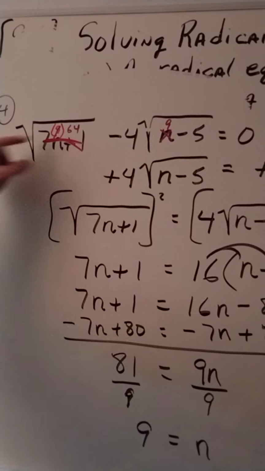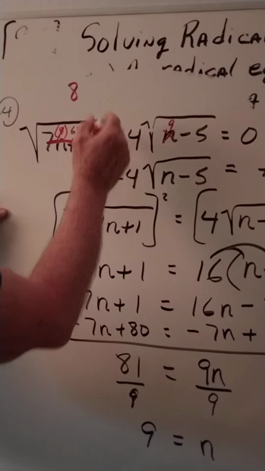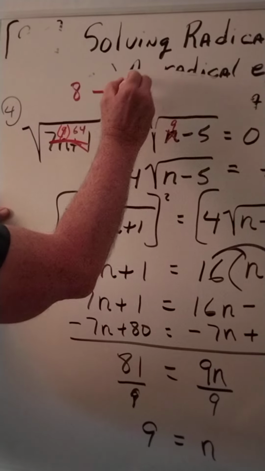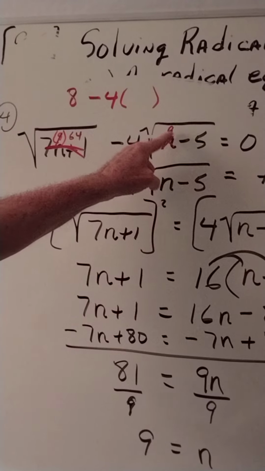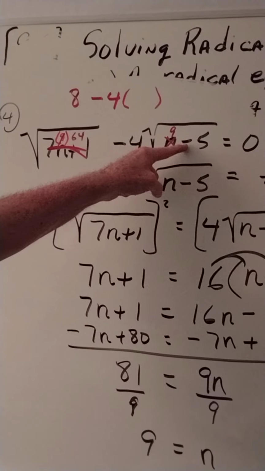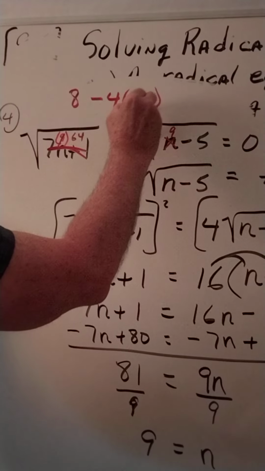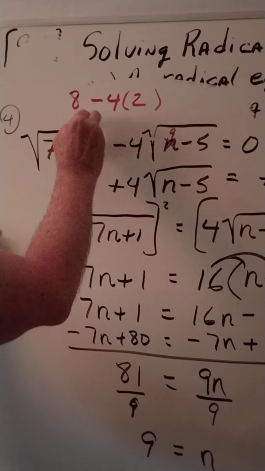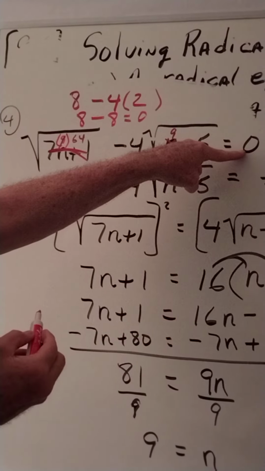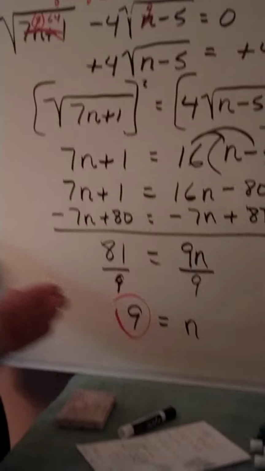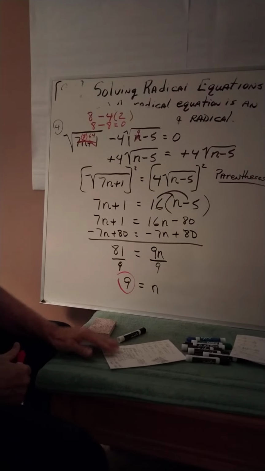The root of 64 is 8. Minus 4 times the solution we're going to get here. 9 minus 5 is 4. The root of 4 is 2. 8 minus 8, 0. Good looking answer. It stays. It's not extraneous. It is the solution.